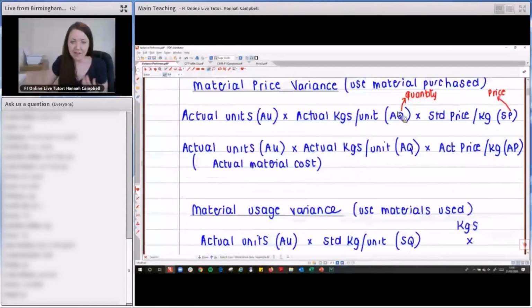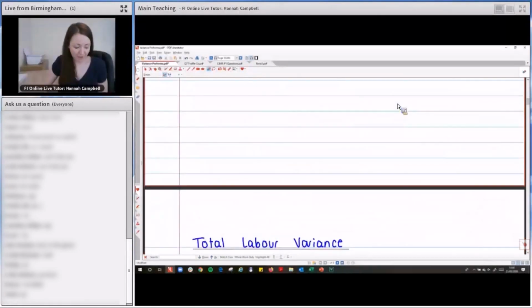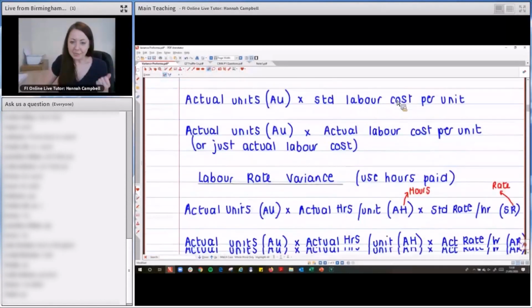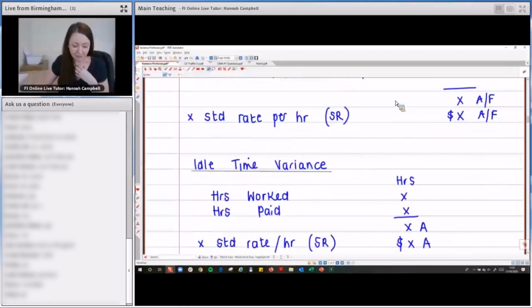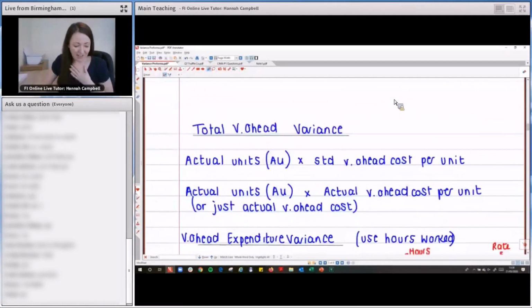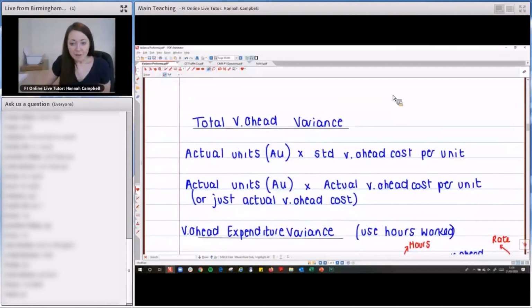So price variance, usage variance for material, labour variances, so we've got the labour rate variance, a labour efficiency variance, and an idle time variance. And then we've got the same for variable overhead variances, which is basically exactly the same as your labour variances.